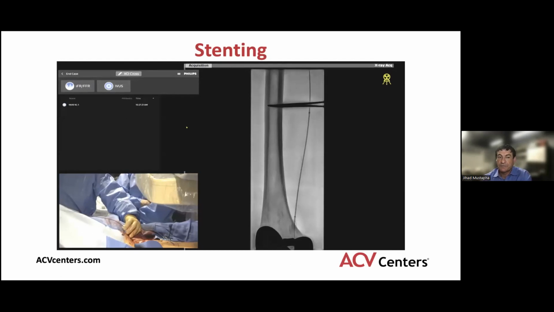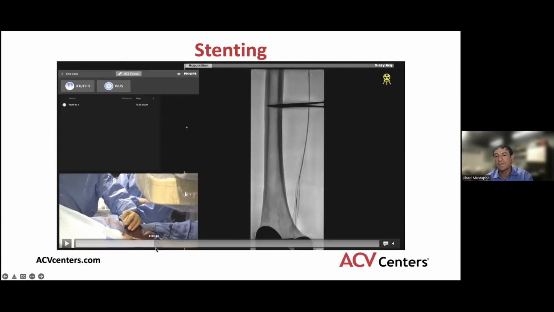Because of that, we elected to deploy a Supera stent. Let me play that for you. The Supera stent is an art when you deploy it, based on the trials that were done with it. If you deploy it properly, it should have good long-term outcomes.